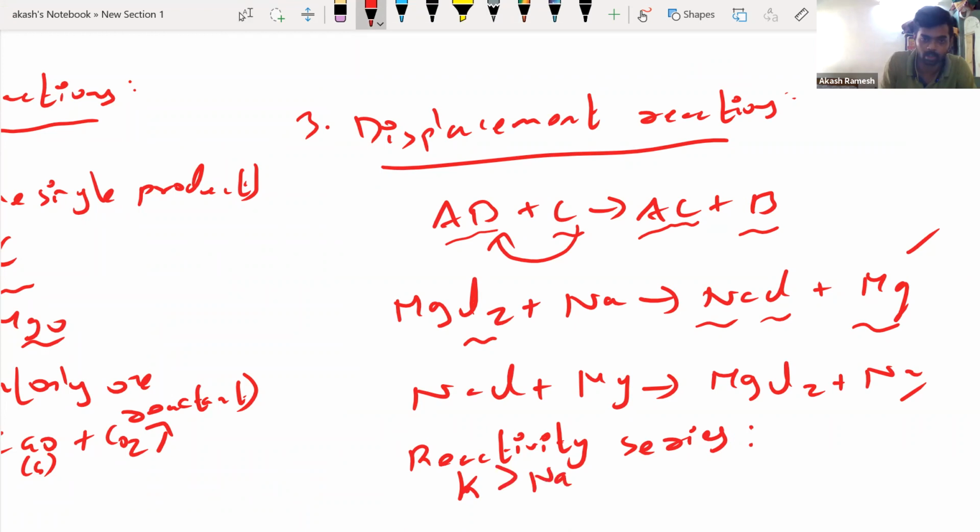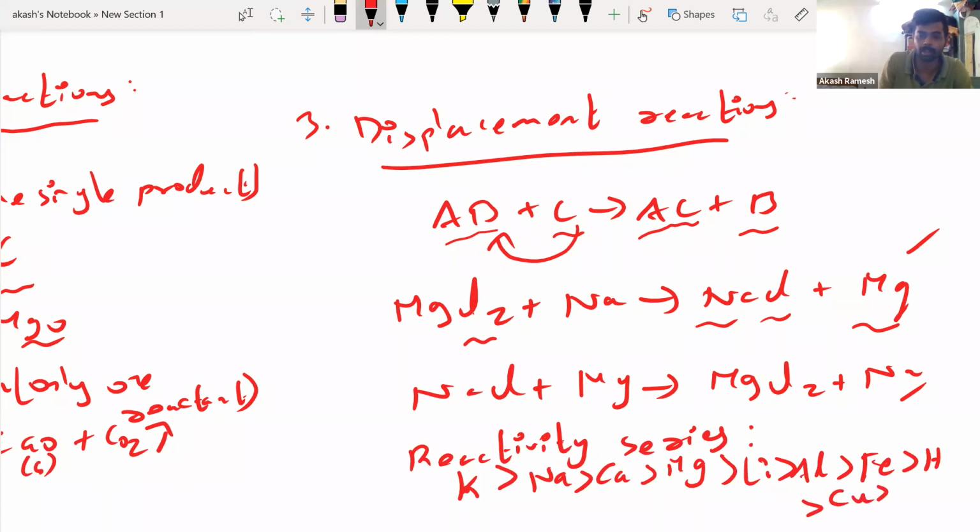Then comes sodium, then comes calcium, magnesium, then I can have lithium, then comes aluminium, then I can have iron, then comes hydrogen, then comes copper, gold, silver.